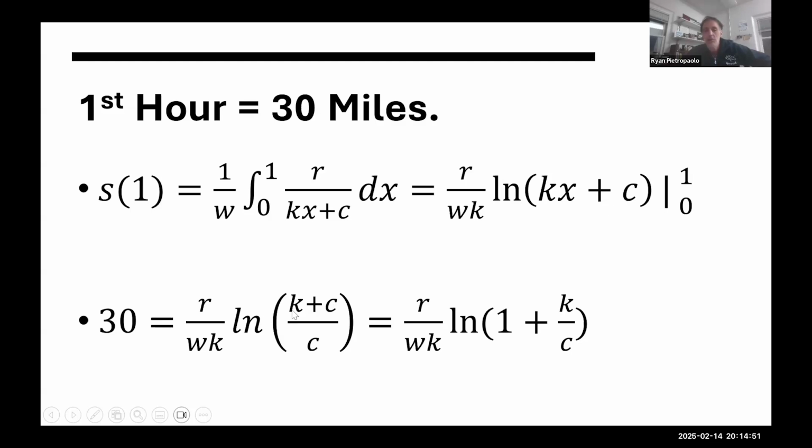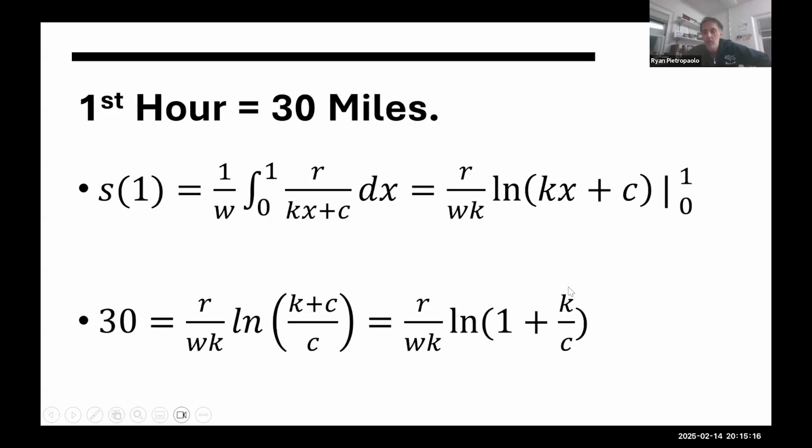So with my properties of logs, I get ln of k plus c minus ln of c. And obviously, I can combine that into just one expression. So I get ln of k plus c over c. And this I can simplify down. I got a c over c, which is just 1, and then a k over c. So I got r over wk times ln of 1 plus k over c, and that equals 30.